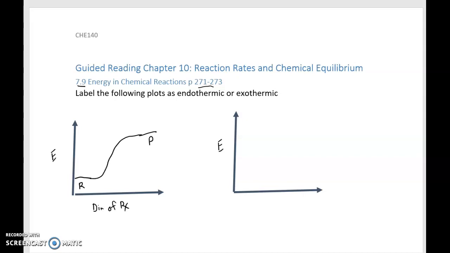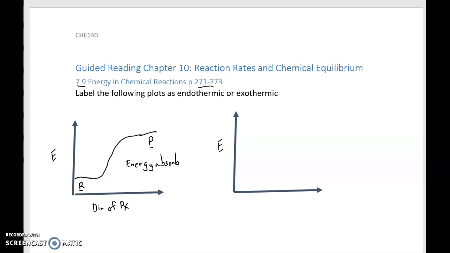We know that energy is not created or destroyed, and so for the reactants here to make the products here, there must be energy absorbed. And this is an endothermic reaction.